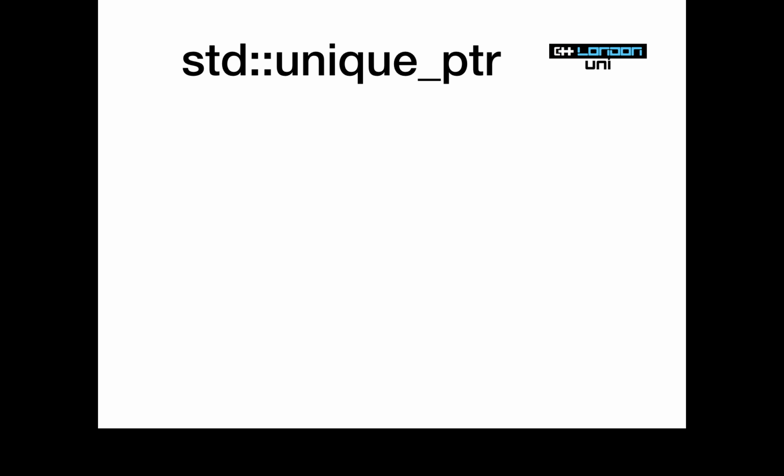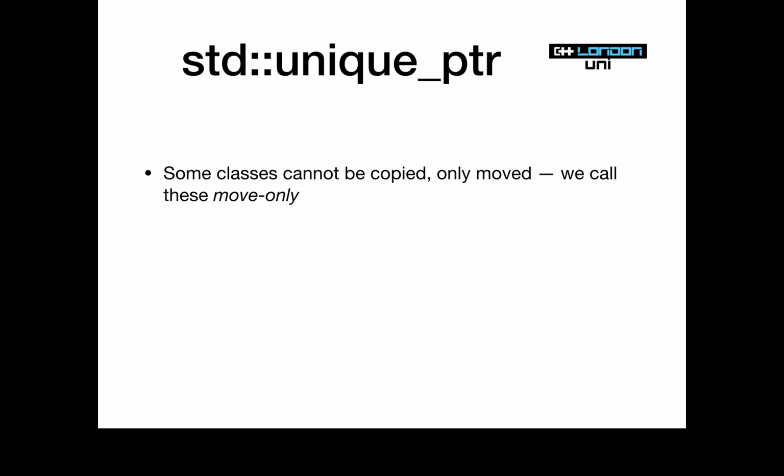The other problem it solved was this problem that I've just shown you, of having these resource-owning smart pointers that we can't safely copy, because then they both think they own the same thing. So these move semantics let us write types that can't be copied. If we try to copy it, we'll get an error.